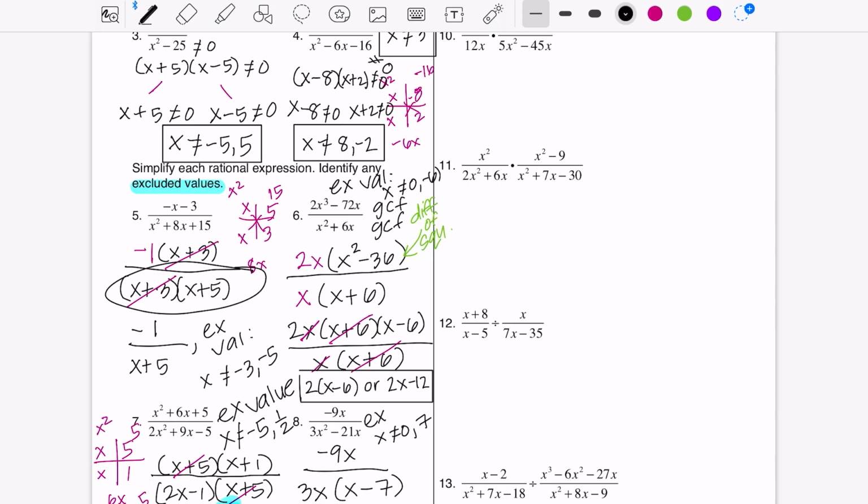And then as far as canceling goes, negative 9 is negative 3 times 3, and then there's that x there. So I can cancel one of those 3's with that 3 down there, and one of those x's with that x right there, and that leaves me with negative 3 over x minus 7. You could put parentheses around the x minus 7 if you want, or not.